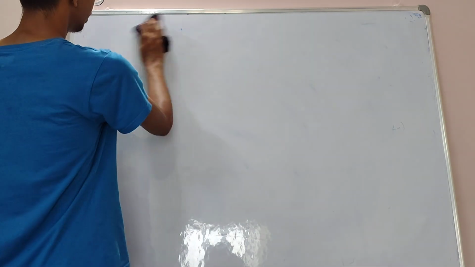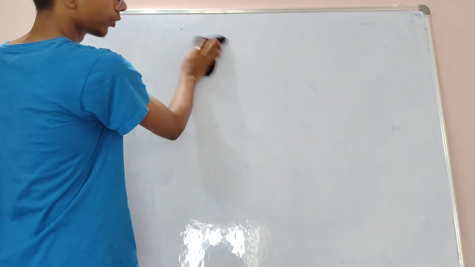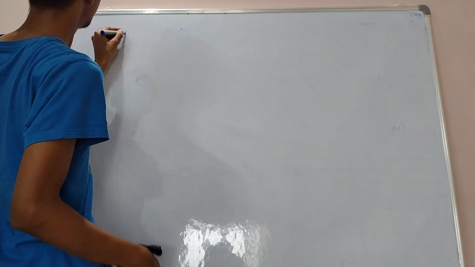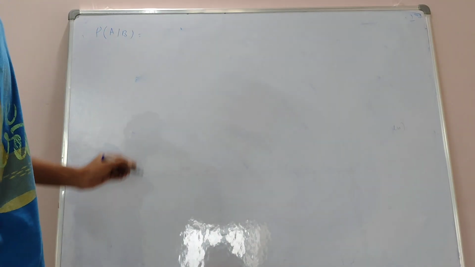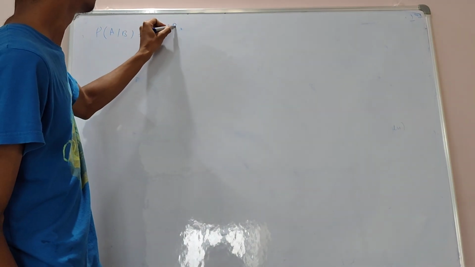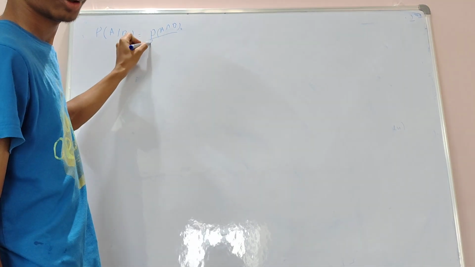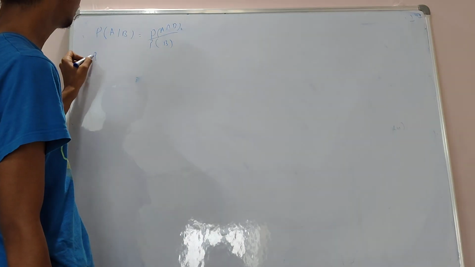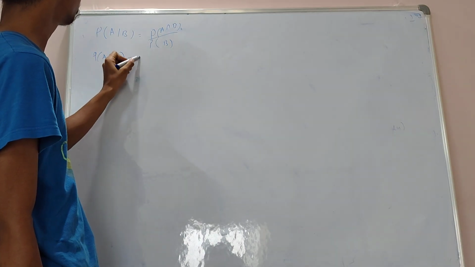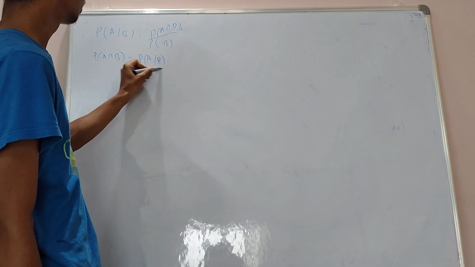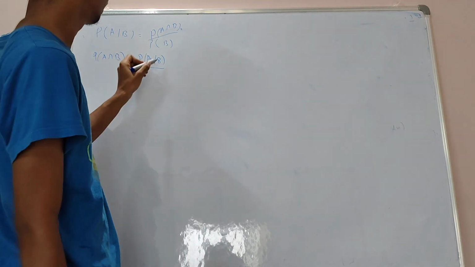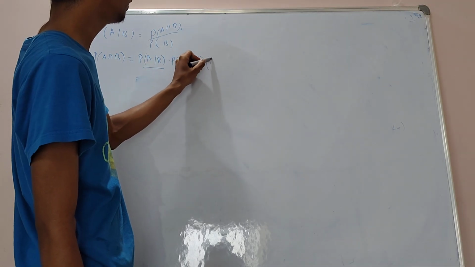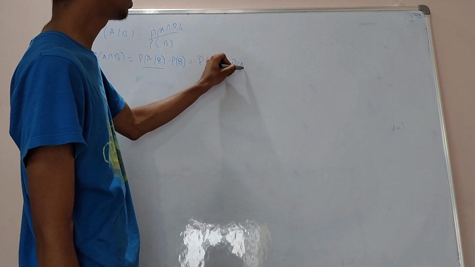It was discussed earlier that the probability of A given B is equal to the probability of A intersection B divided by the probability of B. So I can write the probability of A intersection B is equal to the probability of A given B into the probability of event B, or I can write the probability of B given A into the probability of A.